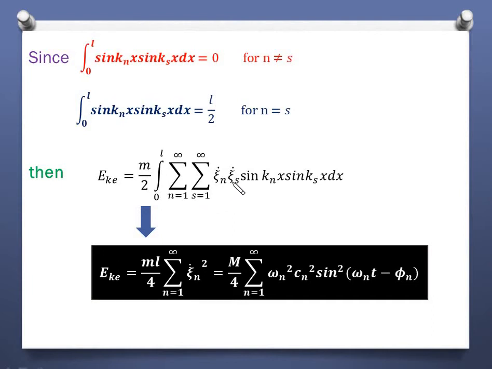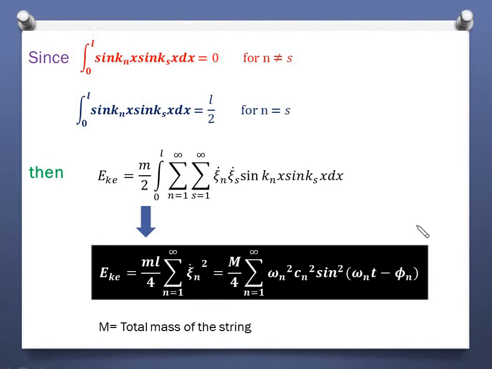So when s becomes n, the only surviving term is s equals n. So this gives us xi dot n. So we have this, substitute the value of xi dot. Okay, so this is the expression for the kinetic energy.